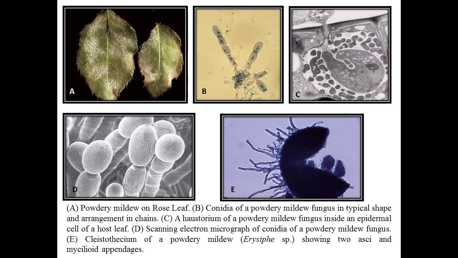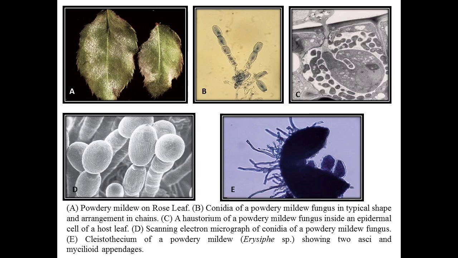These are some key characters of this powdery mildew, and this powdery mildew contains cleistothecia as their resting structure, serving as a dormant structure. So the primary source of infection is infected plant debris containing these cleistothecia, and secondary infection of this powdery mildew happens due to airborne conidia which are present on infected plant debris.